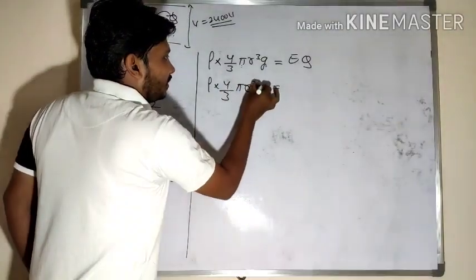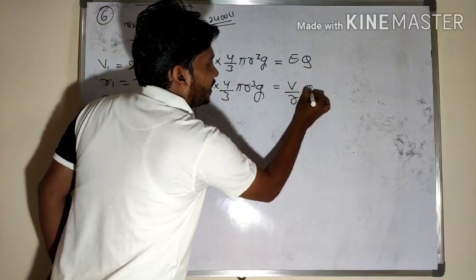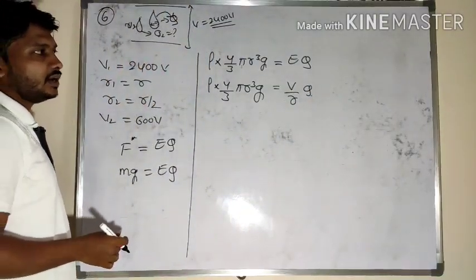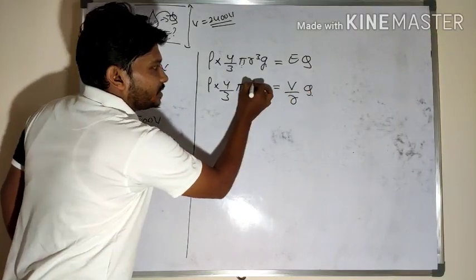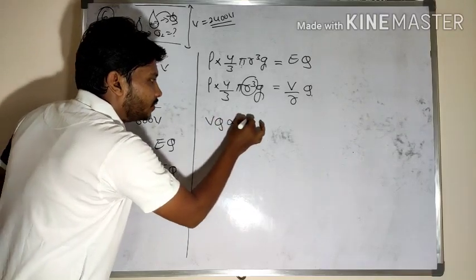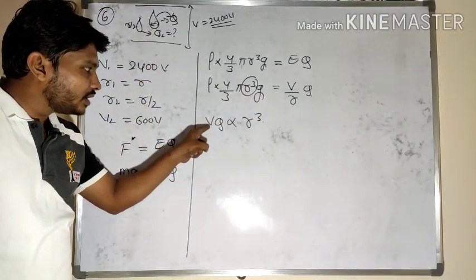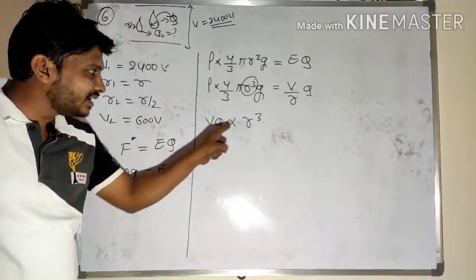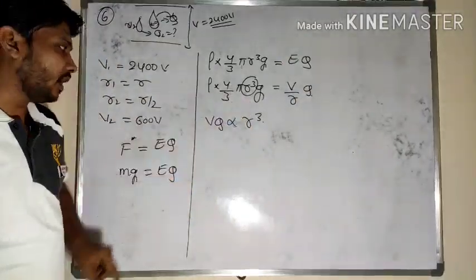So let me consider the potential: V is equal to kQ by R. So V into Q is proportional to what? R cube. Did you get my point here? I want to consider the voltage, charge and radius, these three terms. So V into Q is proportional to R cube.